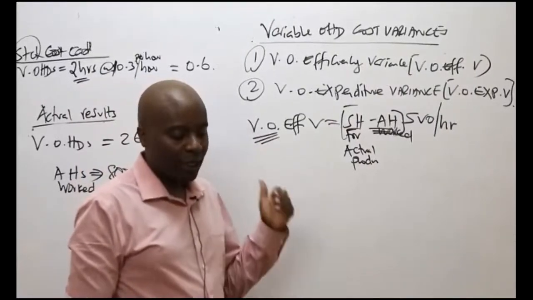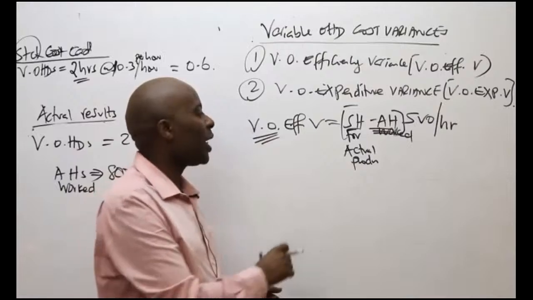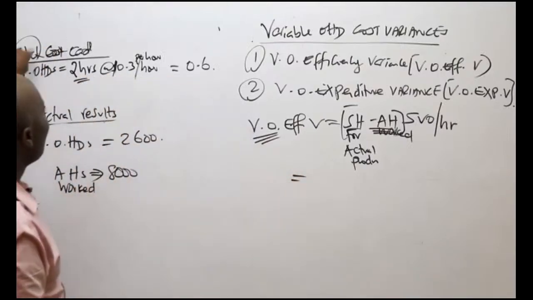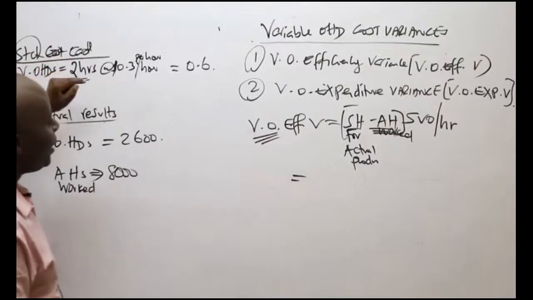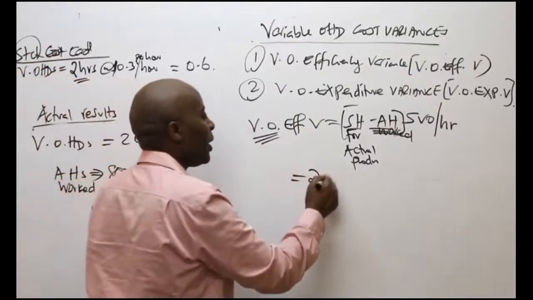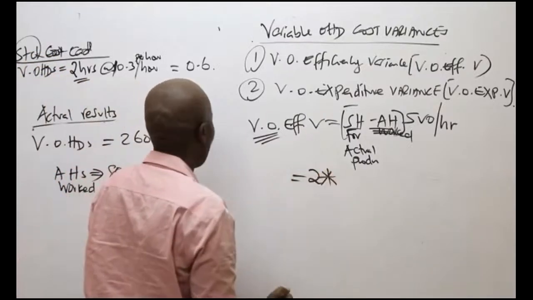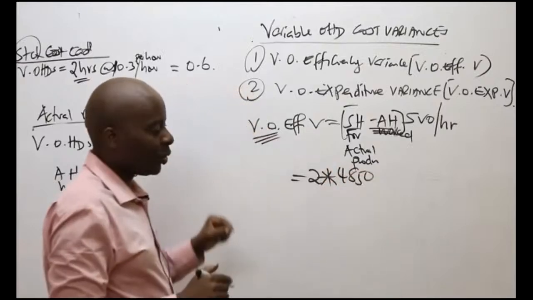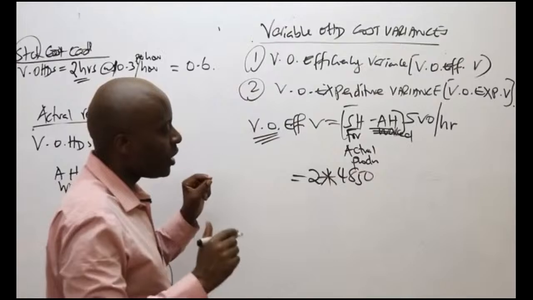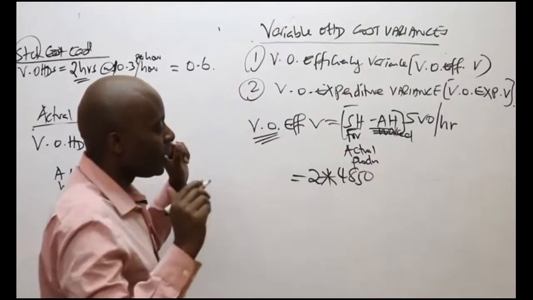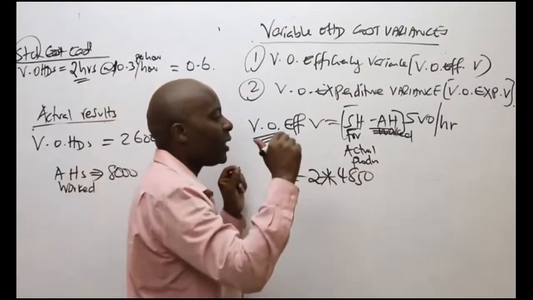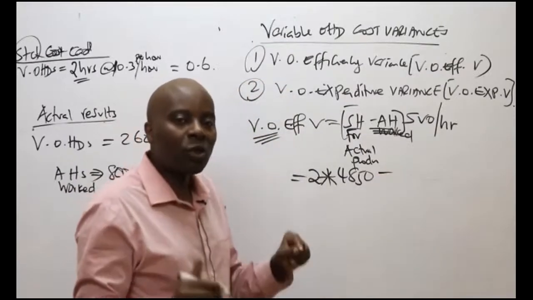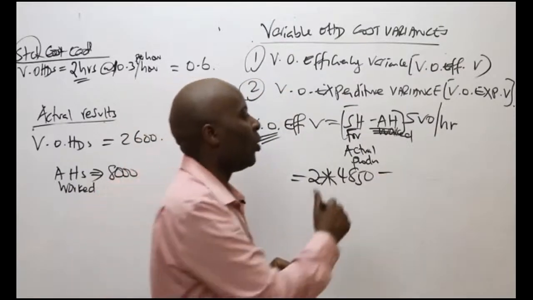If you look at your standard card, the standard hours are 2 times the number of units that were actually produced, if you can remember, they were 4850. And the actual hours that we worked were 8,000.